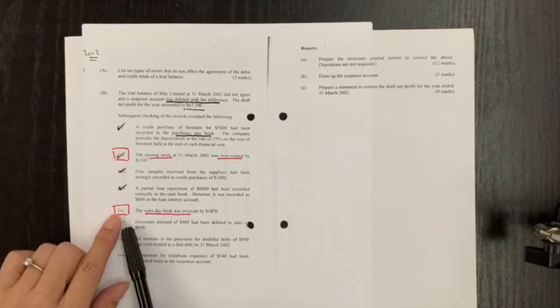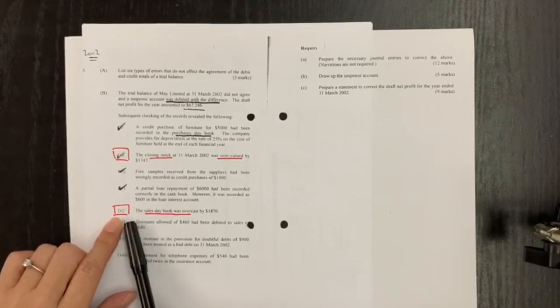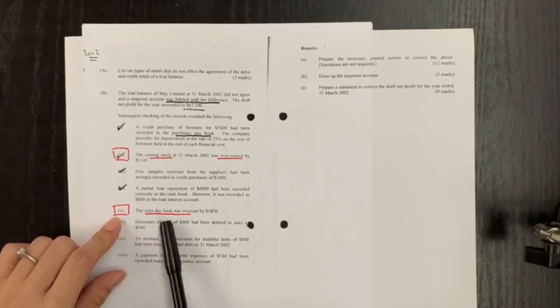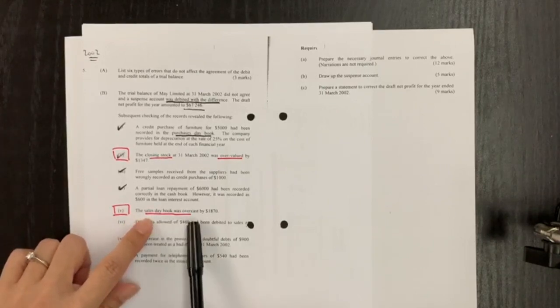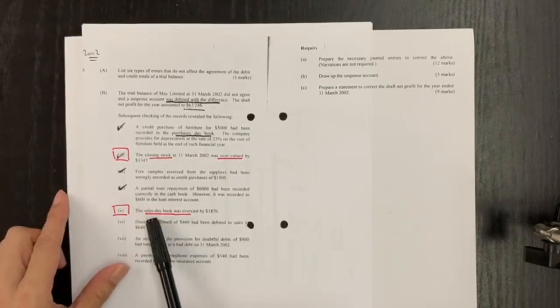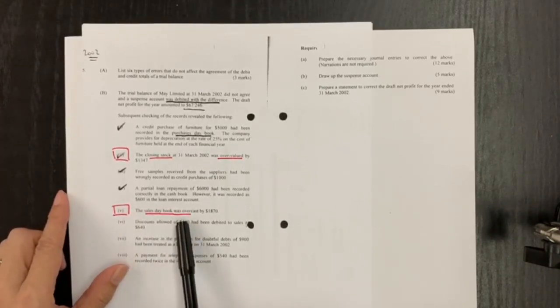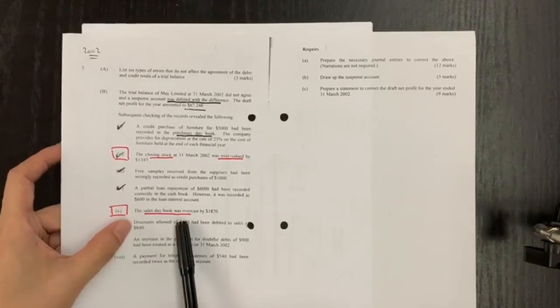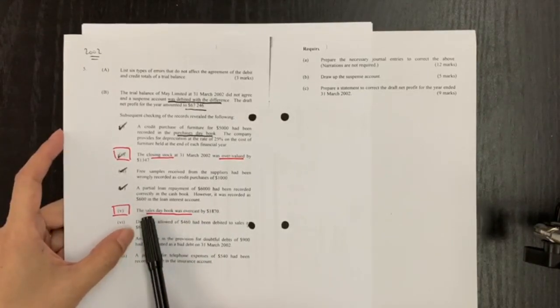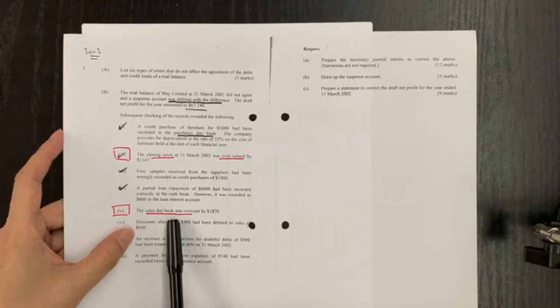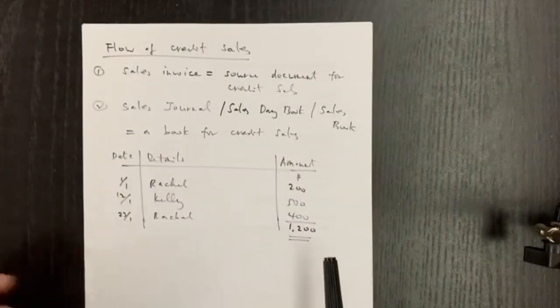Okay, next we come to point number 5, and this one is also a very special point. We have this sales day book was overcast. So to study this, we need to look at the diagram for credit sales, because what is sales day book? Sales day book is a book for credit sales. Now here is the diagram.